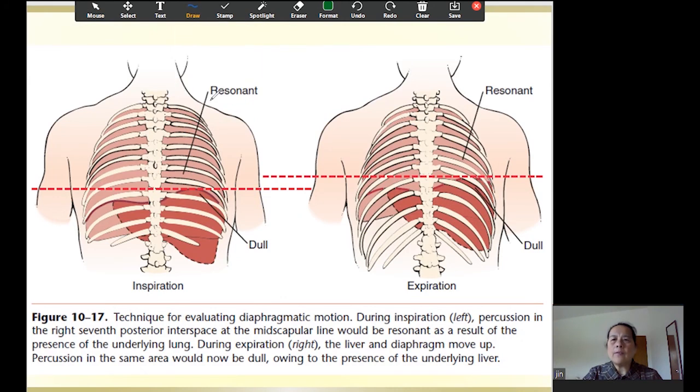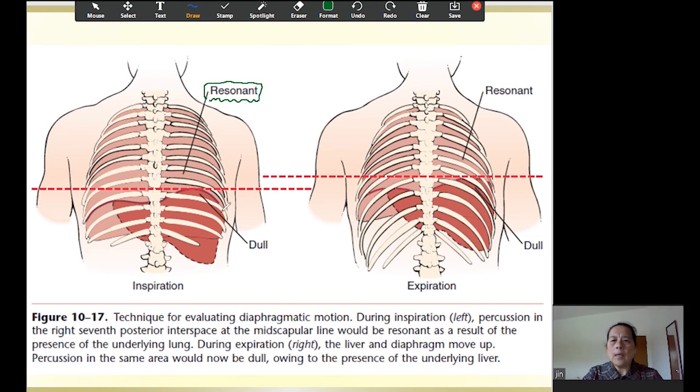We'll have a special sound between hollow and dull, so we give it a special name, resonant. It's not truly hollow, not truly dull. That's the resonant sound.